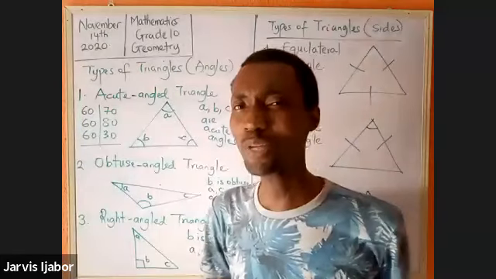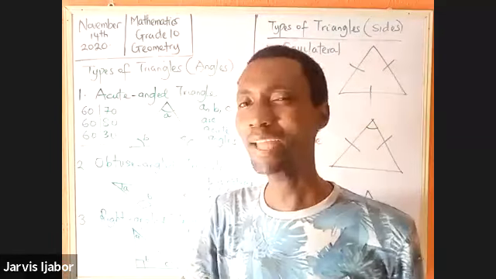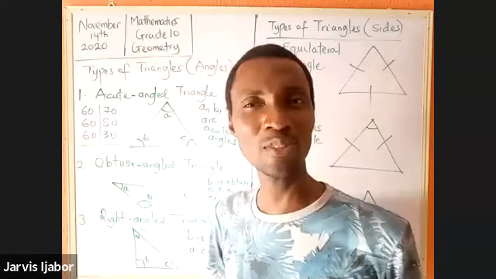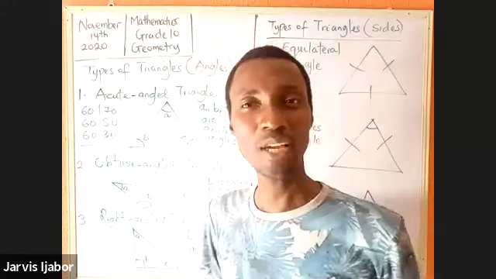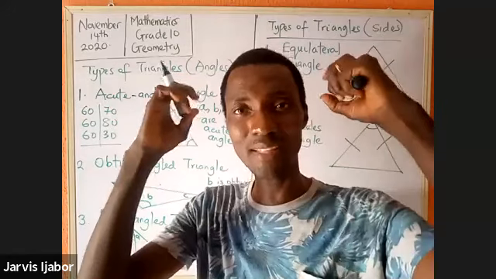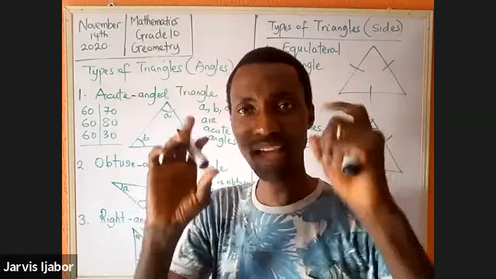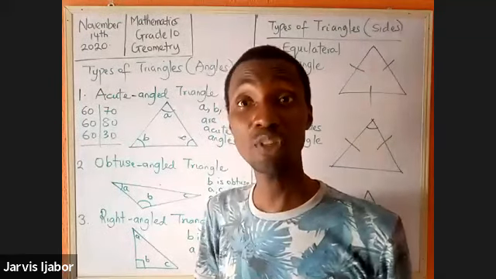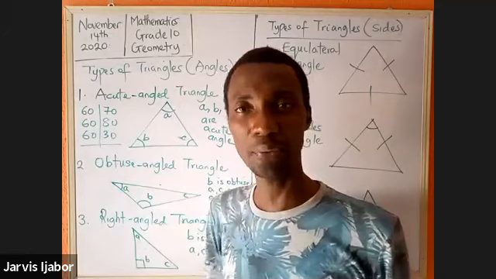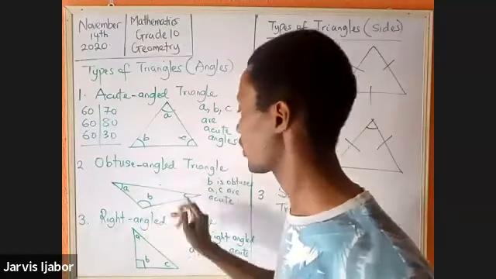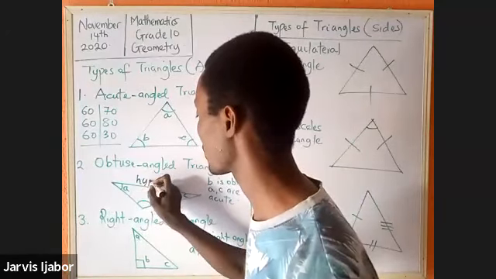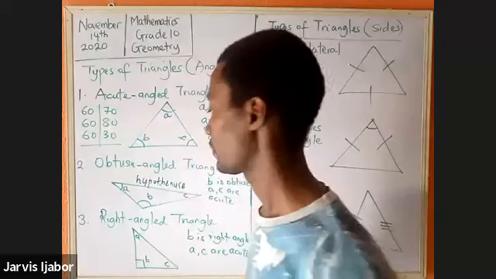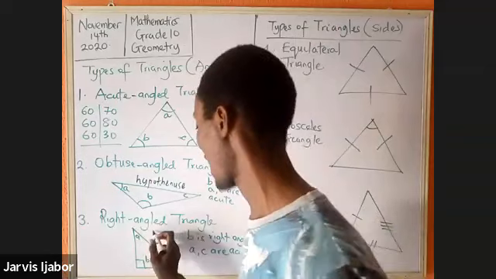So when we talk of hypotenuse, let's not tie our mind to just right angle, because that's something I notice students do. When you say hypotenuse, our orientation has been tied to just right angle triangle. No, hypotenuse refers to the longest side of any triangle. So in this figure, this is the hypotenuse. And in this figure, this is the hypotenuse.